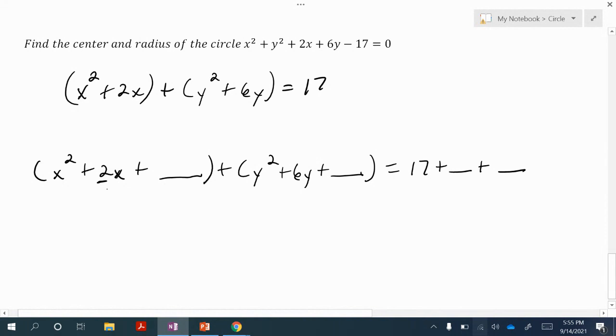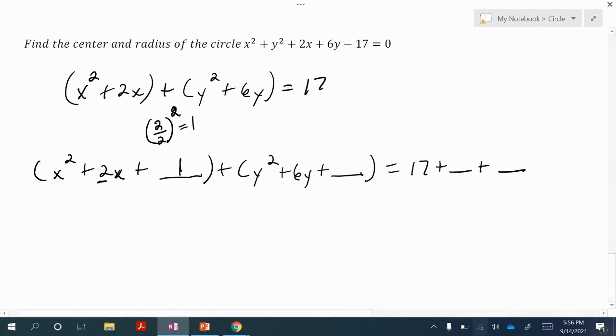So keep in mind the coefficient for the middle of the x variable is 2. So we're going to take half of 2 and we're going to square it. So 2 divided by 2 is 1. 1 squared is 1. So we have a 1.